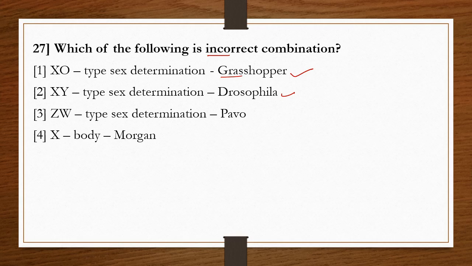ZW type of sex determination we can find in Pavo cristatus, a bird. It is also correct. X body is discovered by Morgan is given, but X body was discovered by Henking. So the fourth option is the incorrect combination. The answer is 4.